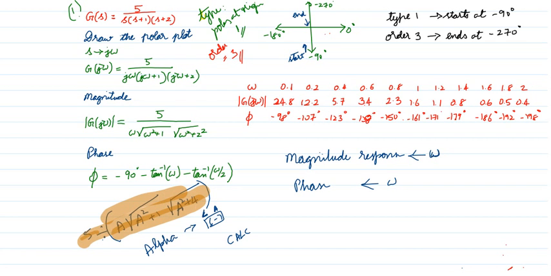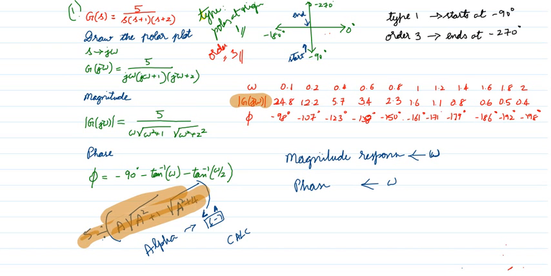Now you enter various A values. Right? If you enter various A values, you can get the magnitude. Right. Similarly, you type the phase angle.